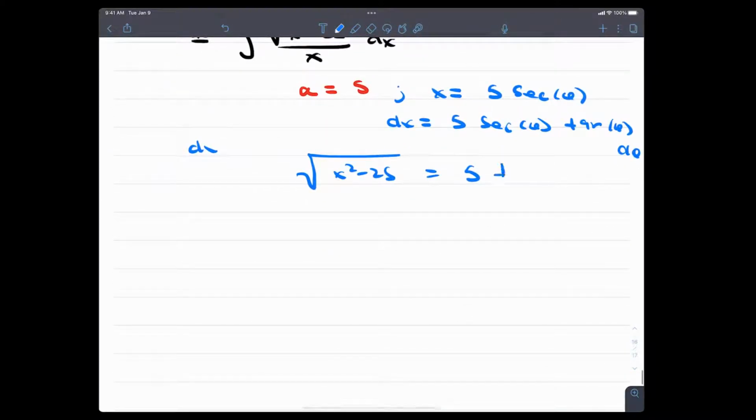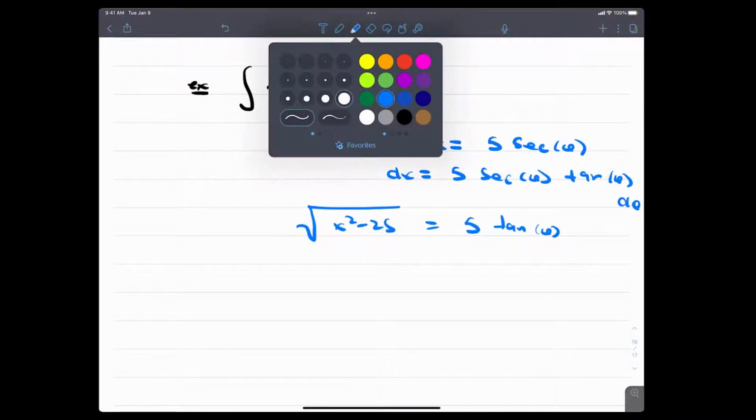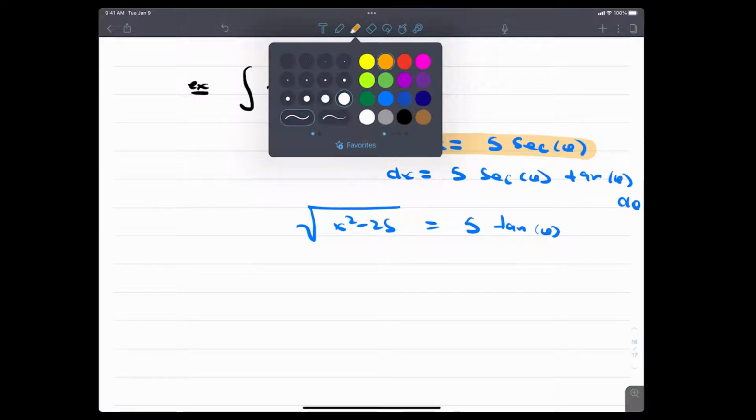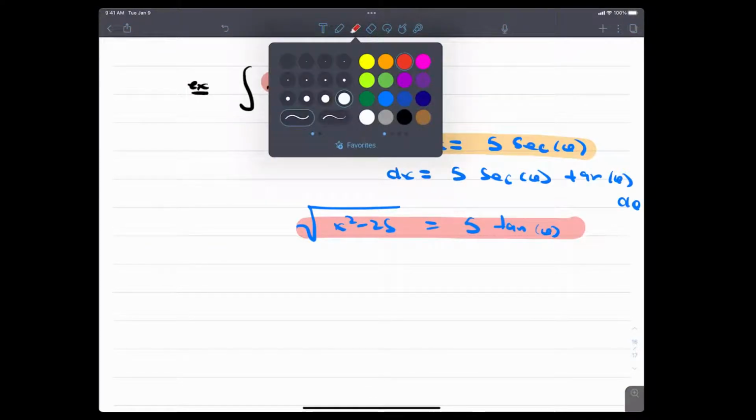That's 5 tangent theta. So just really quickly, right off the bat, we can get all these ideas there. So don't forget, x goes down here. The radical goes there, and then dx.